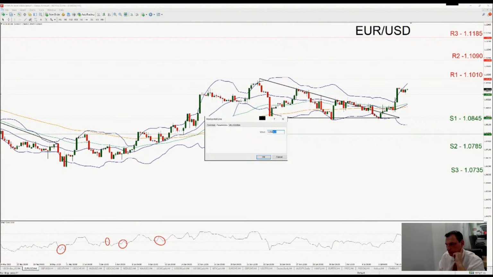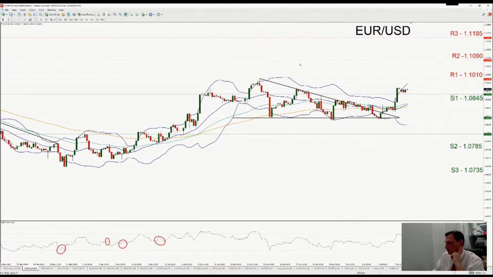First support line at 1.0945. Second support line could be a little bit wider in my opinion.